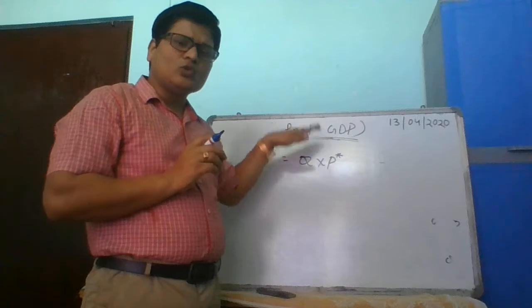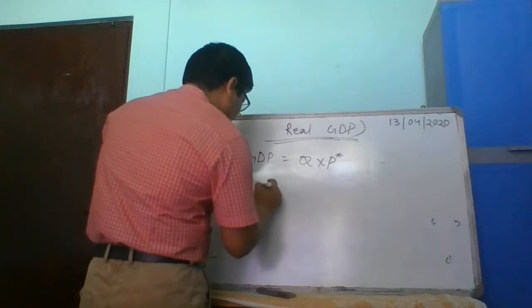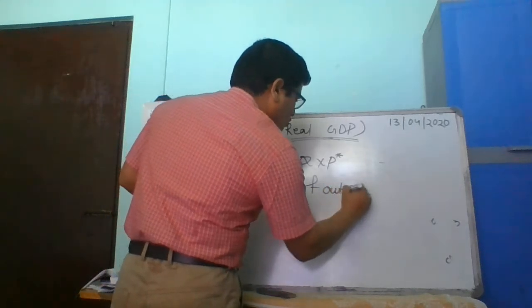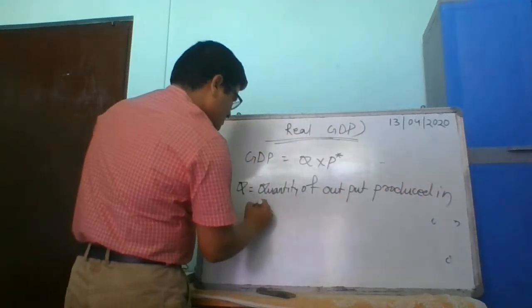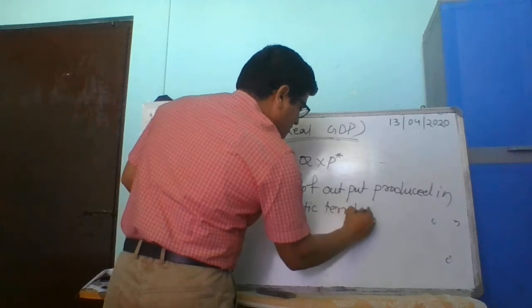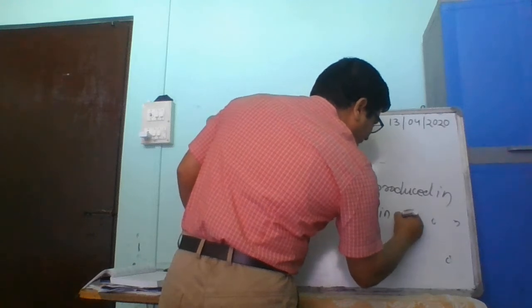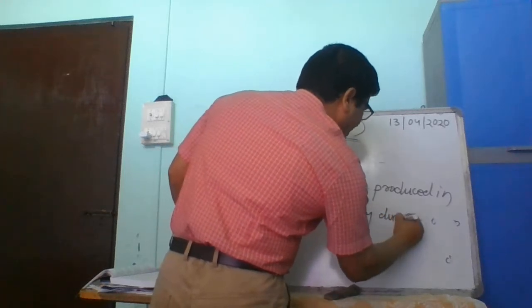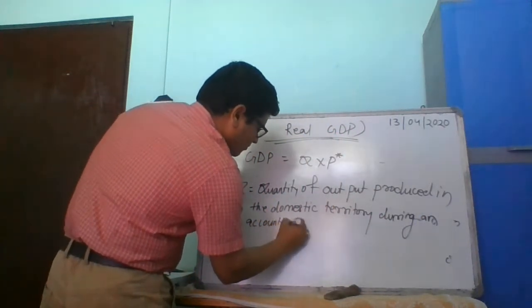Quantity Q is the quantity of output produced in the domestic territory during an accounting year.